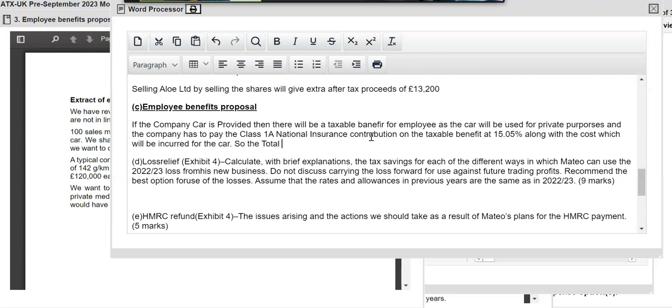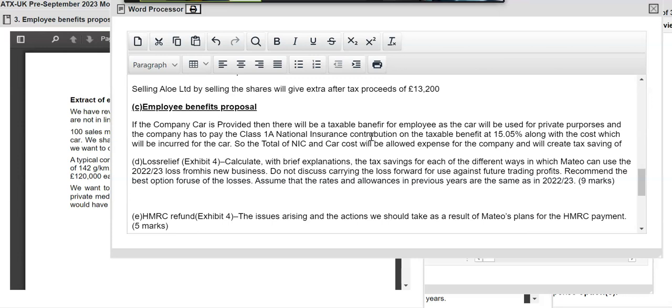So the total of NIC and car cost will be an allowed expense for the company and will create a tax saving of, like, we have to write the amount as well.